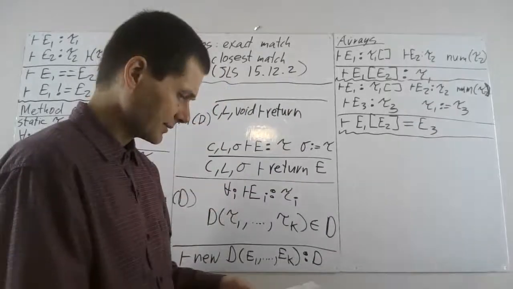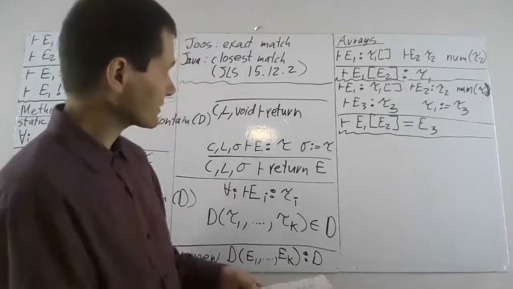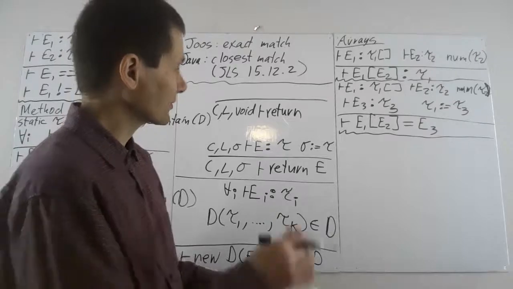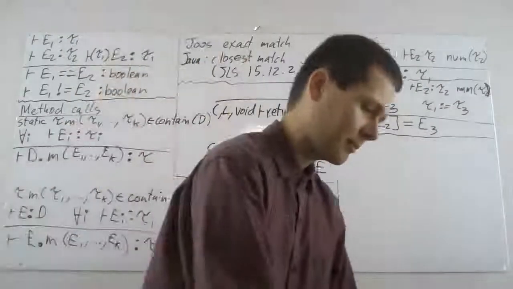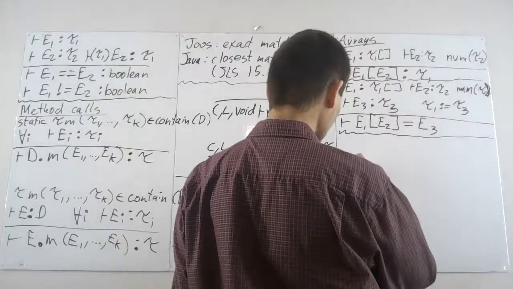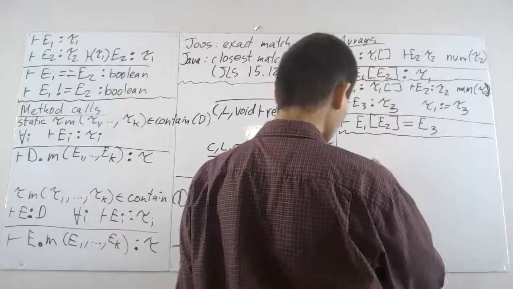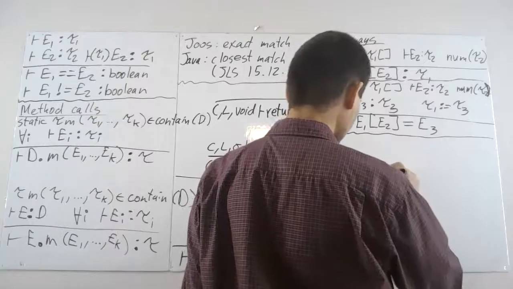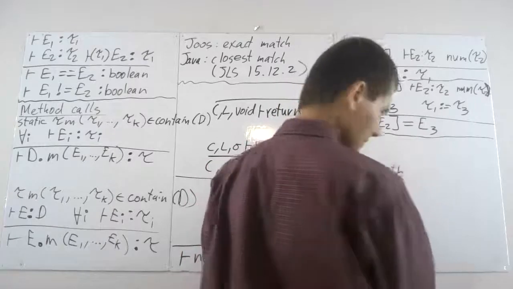Okay, so what else is there about arrays? We read from an array element, we write to an array element. One other thing you can do is read its length field.